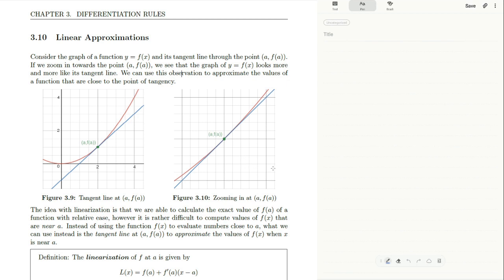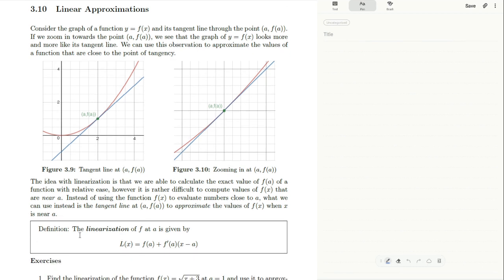And so we can define the linearization of the function as follows. So the linearization of f at a is given by this equation. So L of x is equal to f of a plus f prime of a times x minus a.